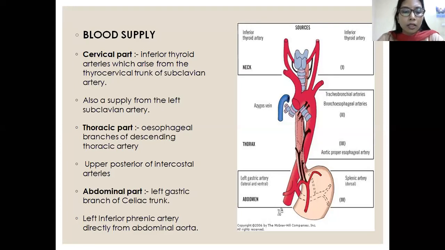The thoracic part receives its blood supply from direct esophageal branches of the descending thoracic aorta and sometimes from upper posterior intercostal arteries. The abdominal esophagus receives its blood supply from the left gastric branch of the celiac trunk, sometimes also from the left inferior phrenic artery, which is a direct branch of the abdominal aorta.